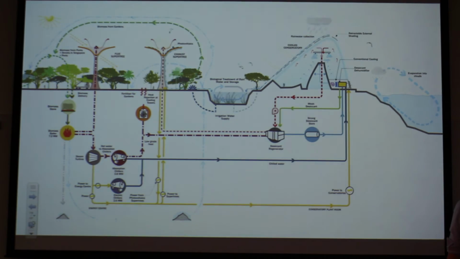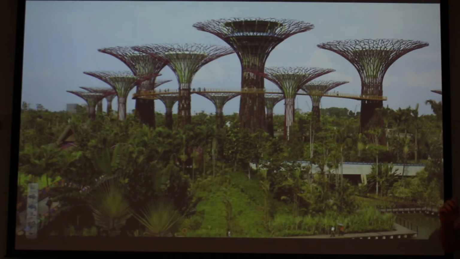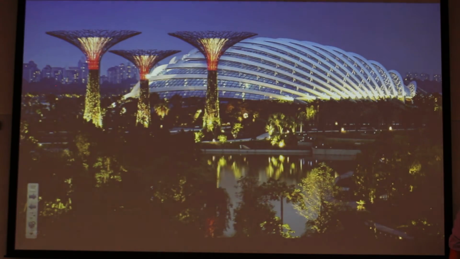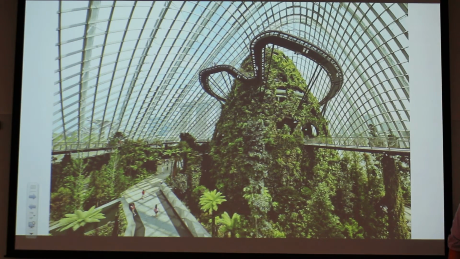And we're going to look at the Gardens by the Bay project as an example of applying biomimetic and biophilic design principles to a large-scale project in scientific research. And it's generally just a really cool project to go and see.